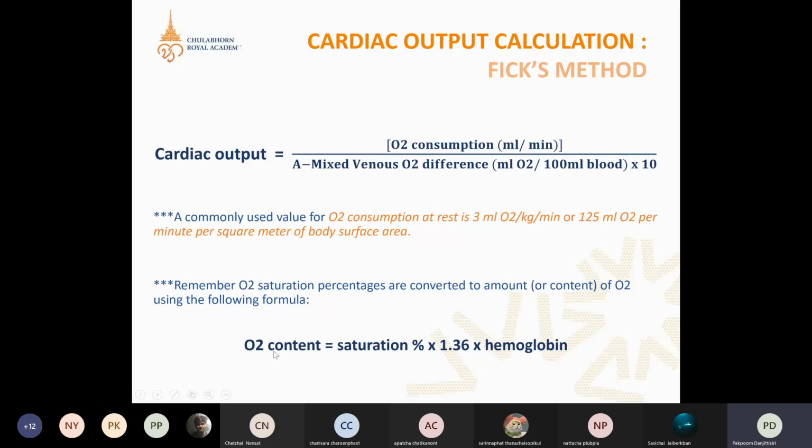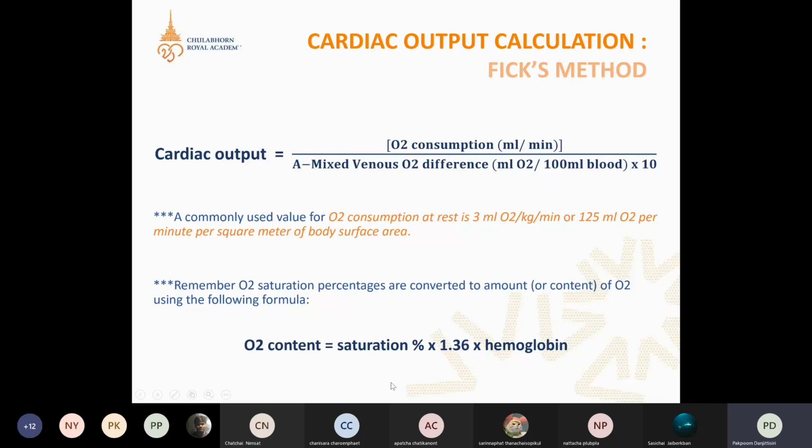And what about the oxygen content? You can use this equation: oxygen content equals percent saturation multiplied by 1.36, and then multiplied by hemoglobin.